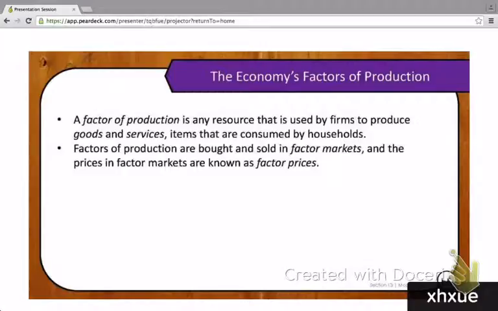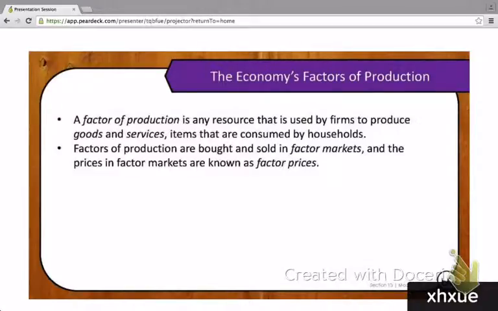Now, the first thing we look at is what a factor of production is. The economy's factors of production. As I said briefly, a factor of production is any resource that is used by firms to produce goods and services. Goods and services are items that are purchased and consumed by households. Factors of production are bought and sold in factor markets. Goods and services are bought and sold in product markets.